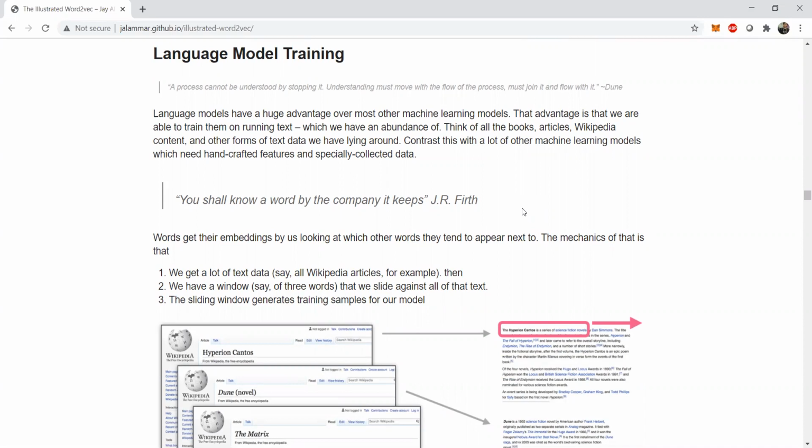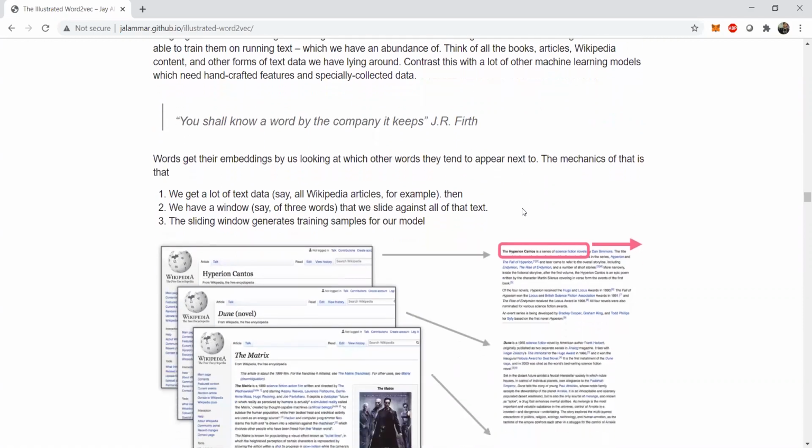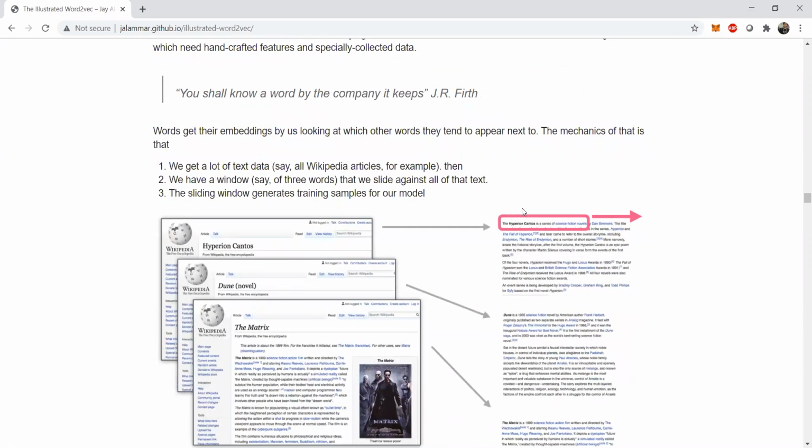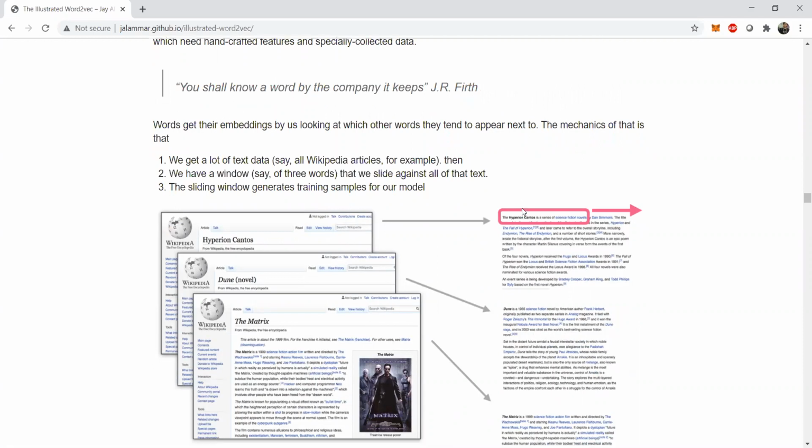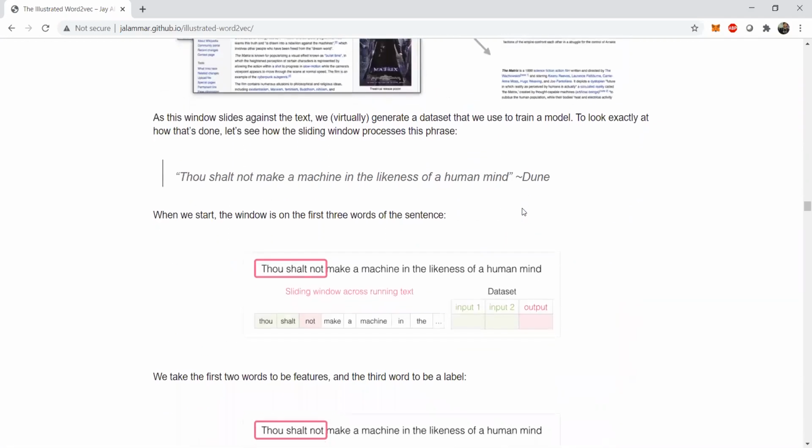The window size is very, very important for selecting 2 or 3 or 5 different words at a time. And we analyze with the help of the lookup embedding that we saw earlier what prediction values or probability values we are getting with those sliding window words. And the sliding window is a very important model because it generates training samples for our model. And we'll be seeing that just now.